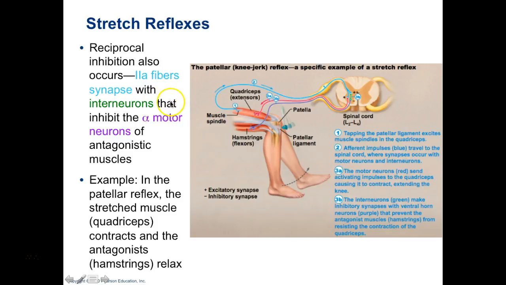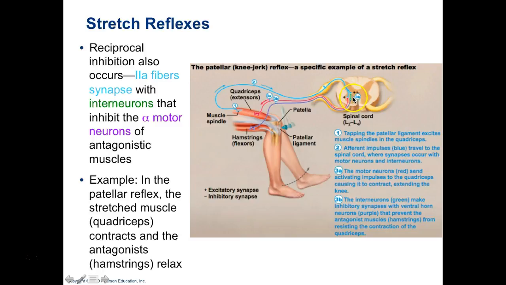The other thing that's going to happen is called reciprocal inhibition. So we're going to get these same type 2A sensory fibers that are going to move into our spinal cord, but instead of this time synapsing on these alpha motor neurons, at the same time they're synapsing with an interneuron.